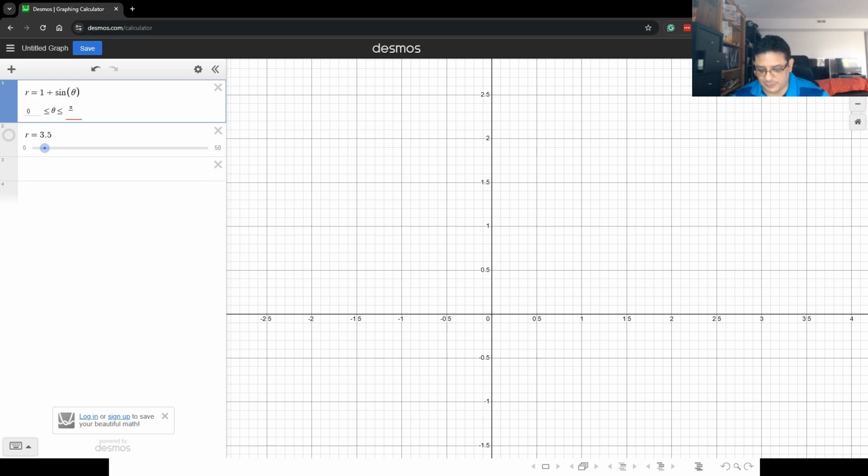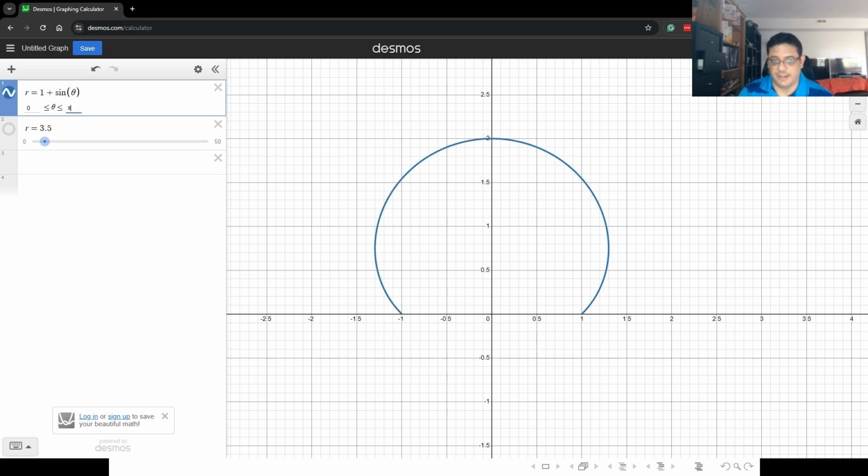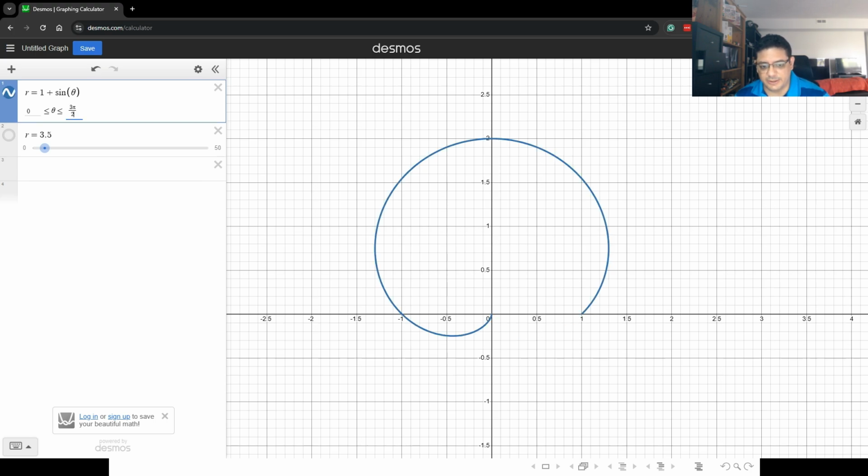So for example, if we go from 0 to pi over 2, you can see here that we're only checking for this part. If we do 0 to pi, then now we complete this entire run up to pi, and then going to 3 pi over 2, we add a little bit that we had from before, and 2 pi is finally going to complete the whole thing.